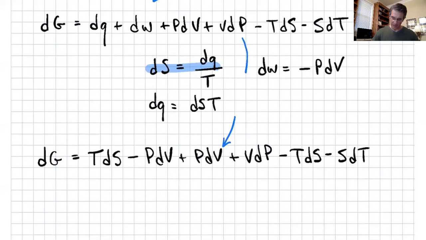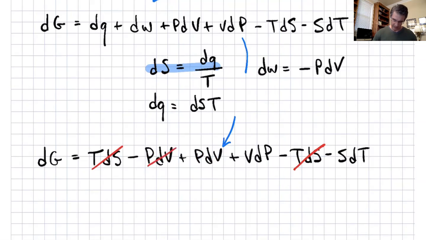We've now recombined and substituted back in a way that's going to make some of these terms go away. We've got minus TdS over here, and plus TdS here. That's great, that means I can cancel those. And we've got the same thing with minus PdV plus PdV, so those can be canceled.